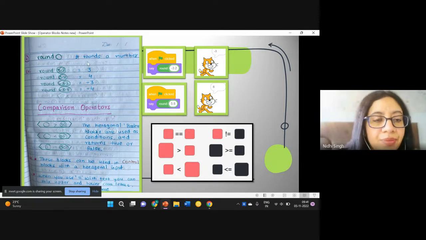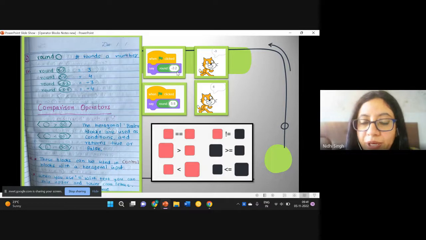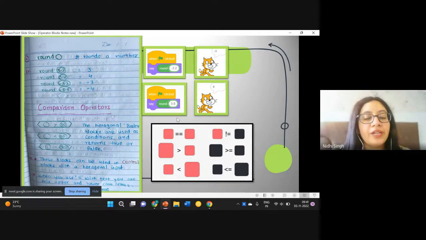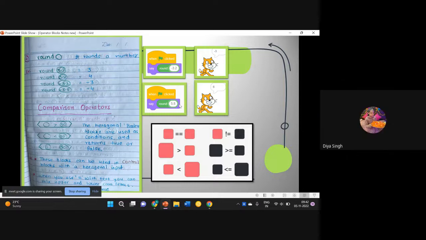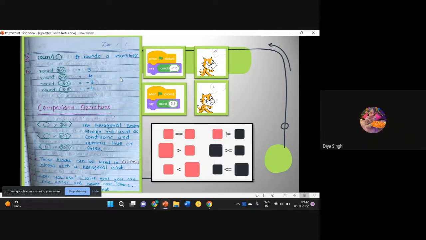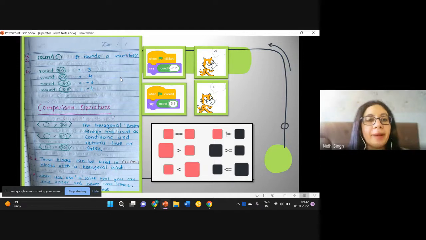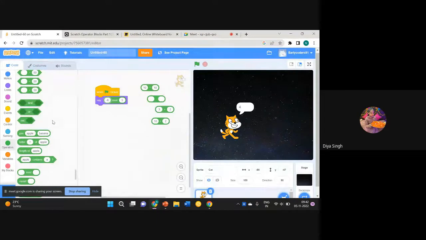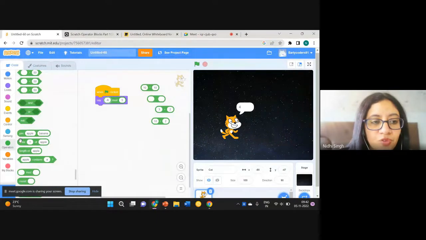Now see here. If I round minus 3.2, what will be the nearest here? Minus 3. Yes, ma'am. If you are taking positive 5.8, the nearest is 6. If we are taking, let's say, 3.8, then 4. If we are taking, let's say, minus 4.8, then what will it be?